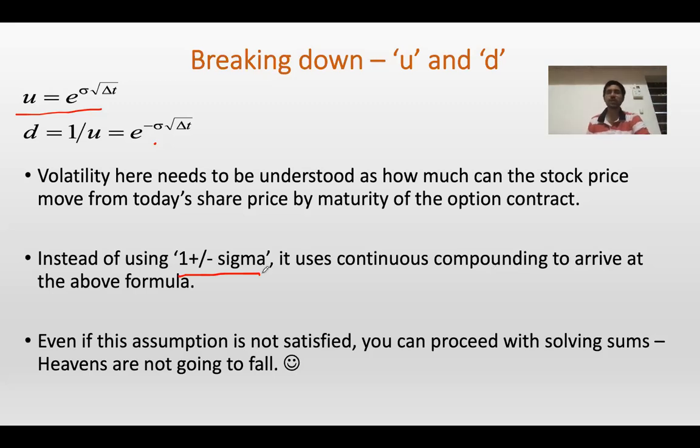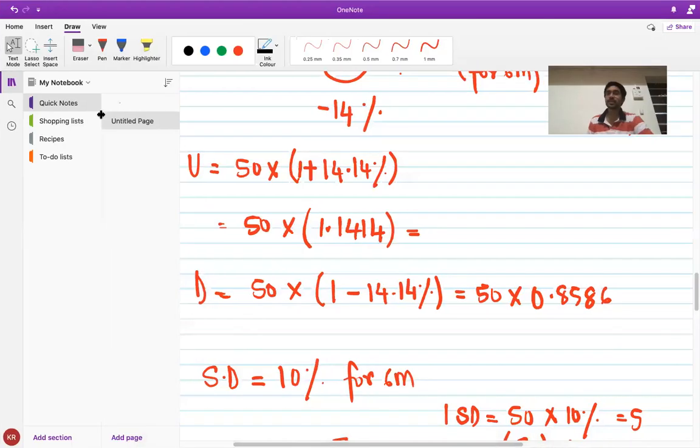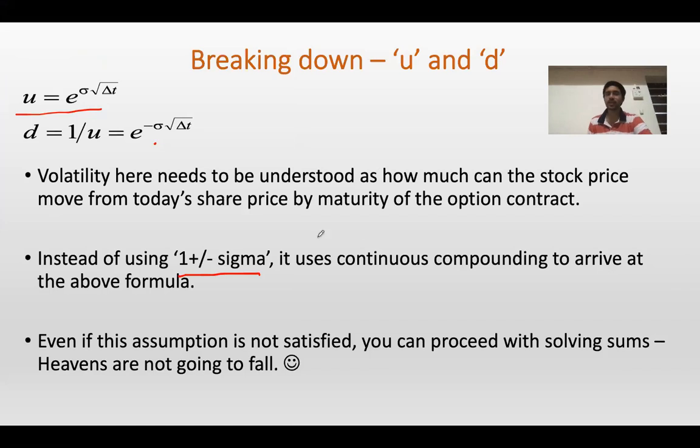So e power sigma root T is actually another form of 1 plus sigma, and e power minus sigma root T is another form for 1 minus standard deviation. That e power takes care of 1 plus also. So this is using continuous compounding. Maybe I will make a separate lecture for continuous compounding also.